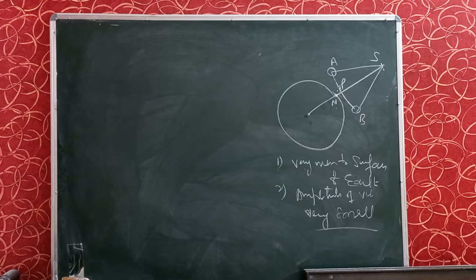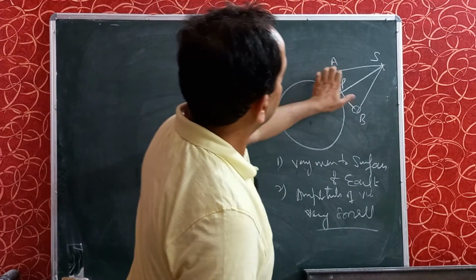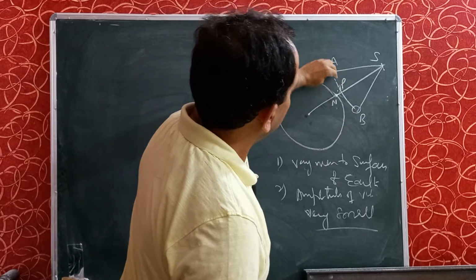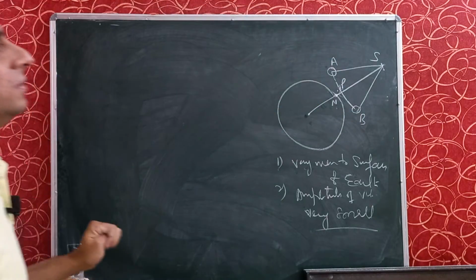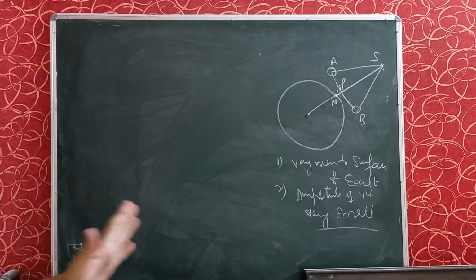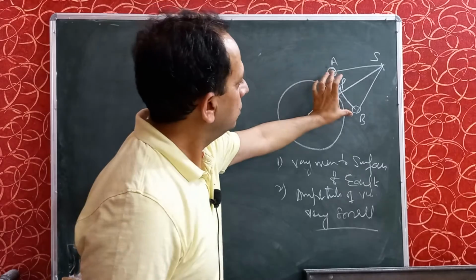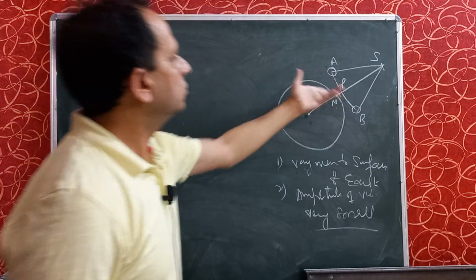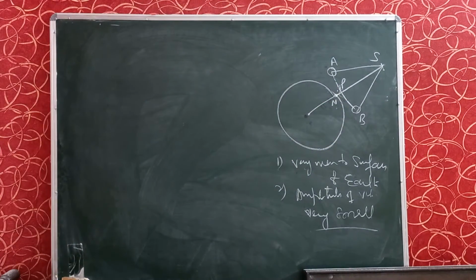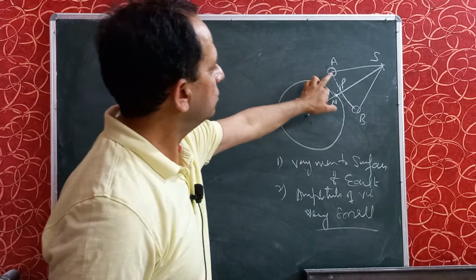Why? Because we will consider the path A to B as just a straight line. Actually it is a curve. But when its amplitude is small, this distance is very small, then this arc is equal to AB length. So we have to consider AB as a straight line.